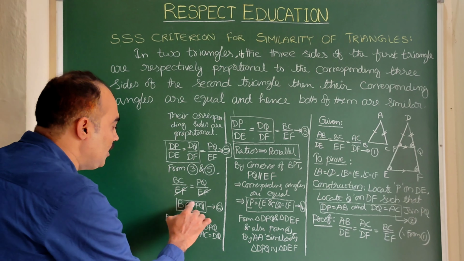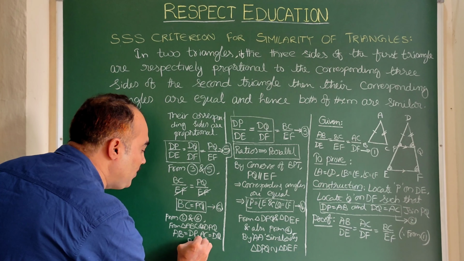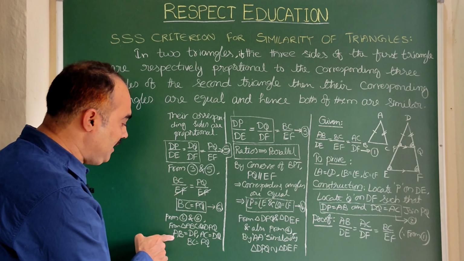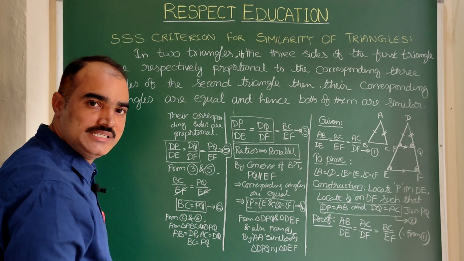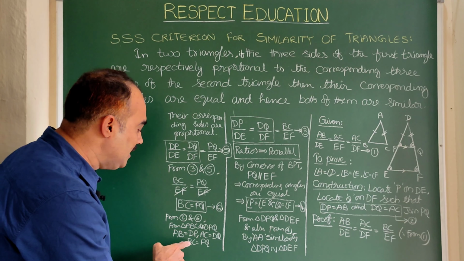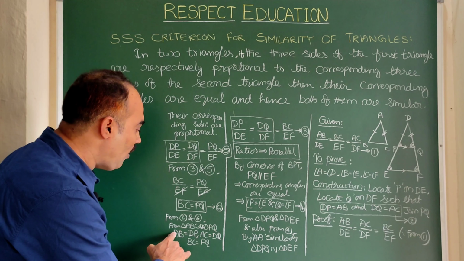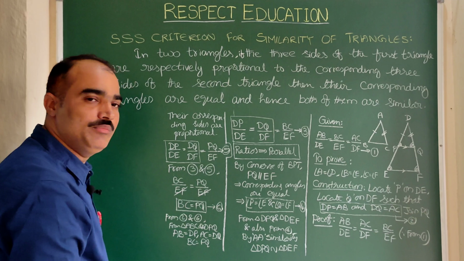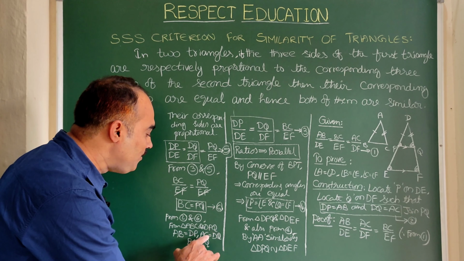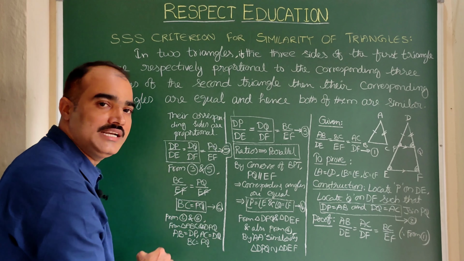Just now we got BC is equal to PQ. Here you compare. AB is a side of triangle ABC, AC is a side of triangle ABC, BC is also a side. So all the 3 sides of triangle ABC are absolutely equal to DP, DQ and PQ. Those are the sides of triangle DPQ.